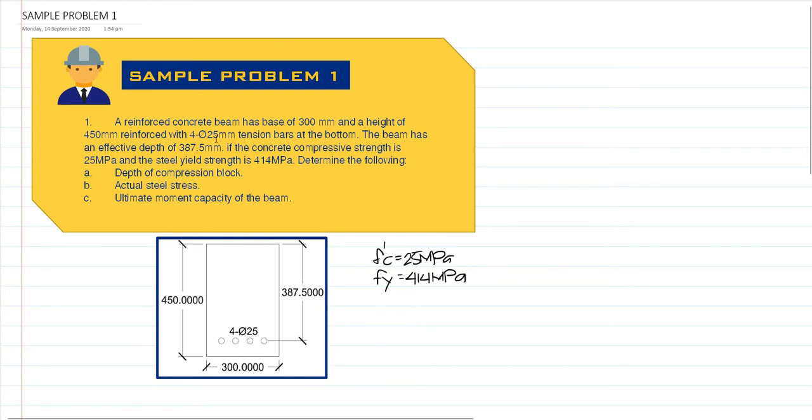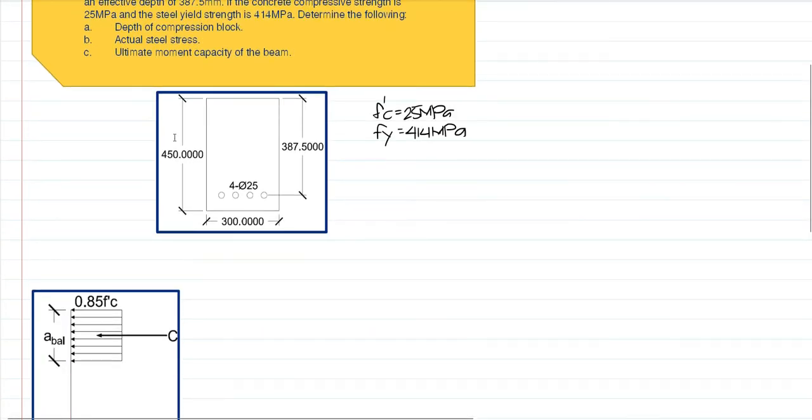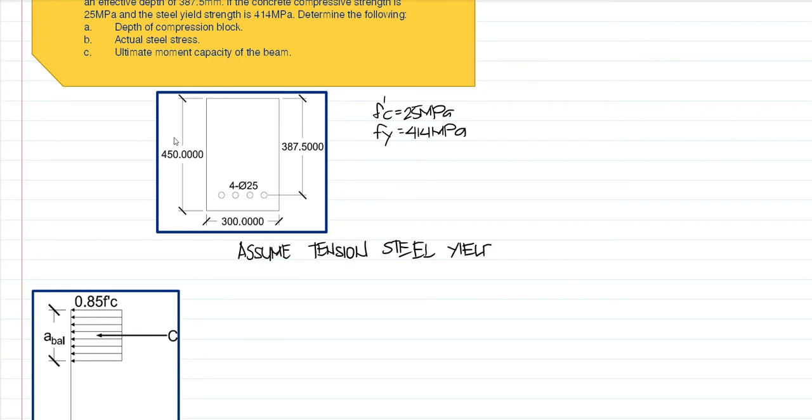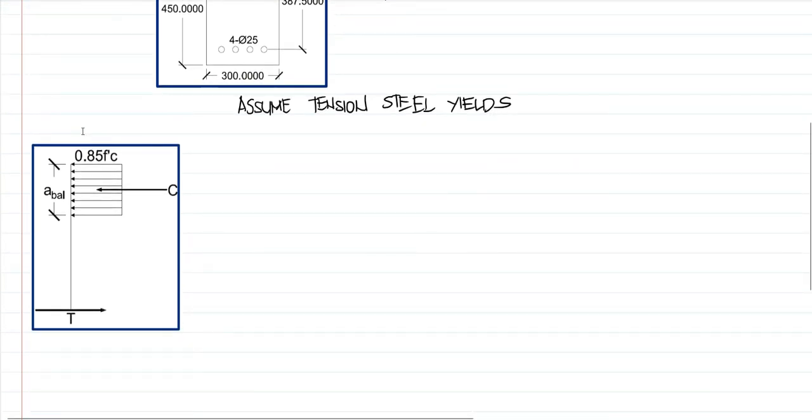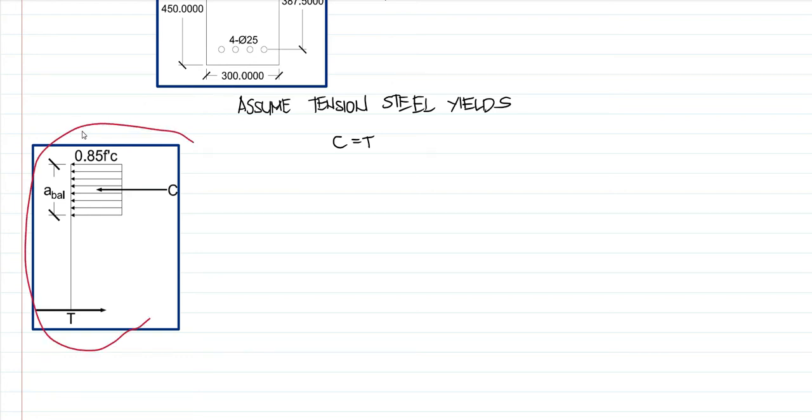So, to start, syempre, sabi dun sa steps natin, we always assume the tension steel yields. So, syempre, after assuming that our tension steel yields, so we will start with the static equation C is equal to T. So, syempre, galing lang yan sa stress diagram na to.